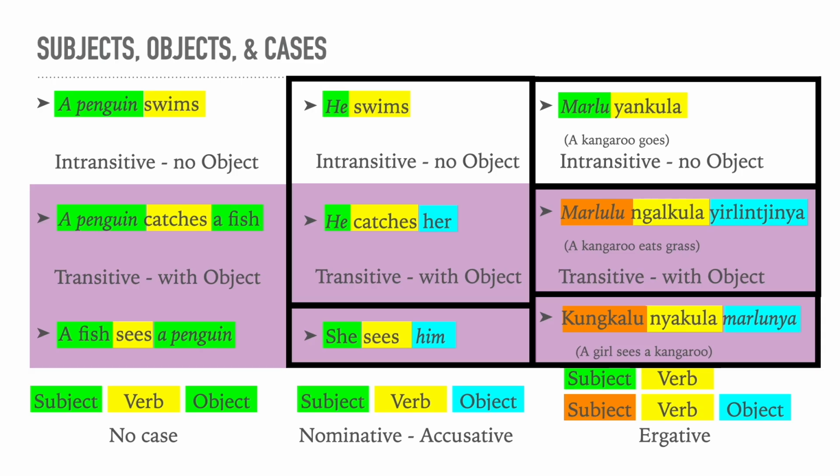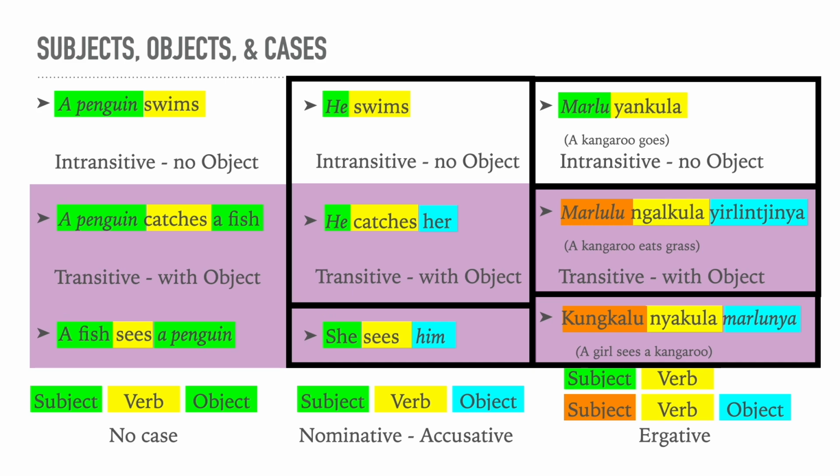And if nouns act one way when they're doing something to no one, intransitive, and another way when they're doing something to something, and then possibly another way again when they are the recipient, then we have an ergative system.